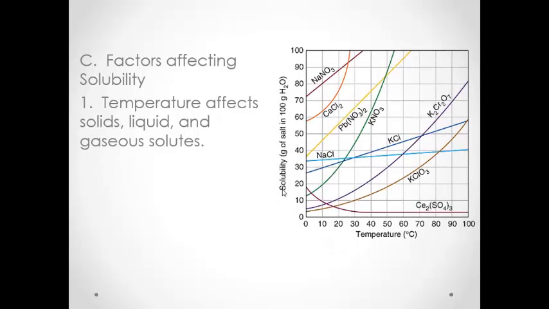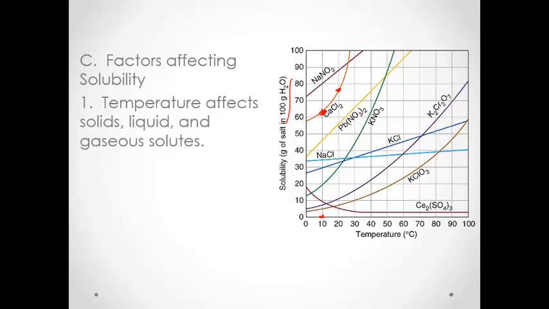And this is a solubility curve, so this just tells you at what temperature how much, gram-wise, will dissolve in 100 grams of water. So you notice as the temperature increases, let's pick one, let's pick calcium chloride. At 10 degrees you can get 63 grams to dissolve, but at 20 degrees you can get closer to 80.